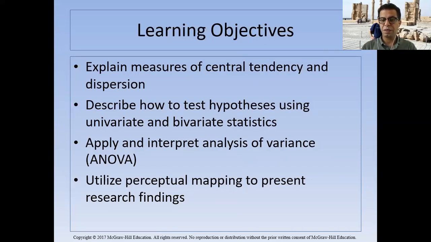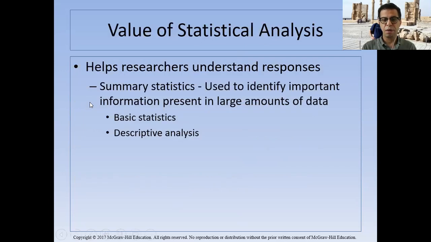We will describe how to test hypotheses using univariate and bivariate statistics, apply and interpret analysis of variance, and utilize perceptual mapping to present. Now, if we miss something, hopefully next class I will go deeper on this and explain more what these terminologies mean.